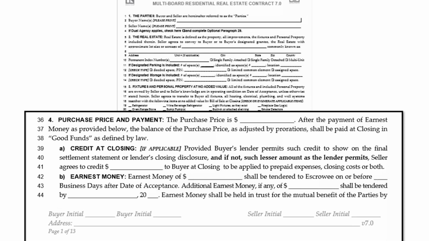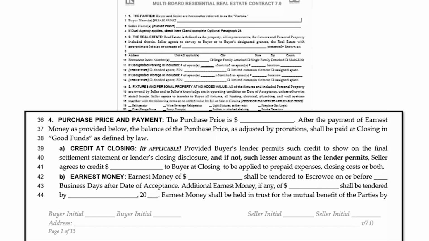If you are not using it, and I know it says if applicable, but I would still suggest, just to make everything perfectly clear, that you put an N/A in line 41 if the buyer is not asking for any credit at closing from the seller, okay?